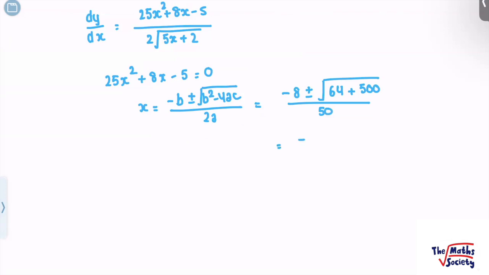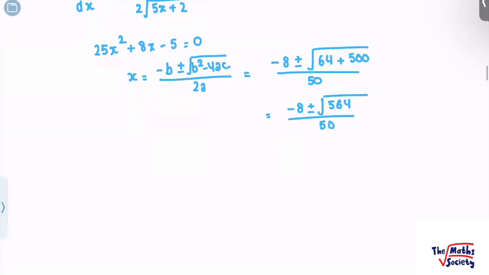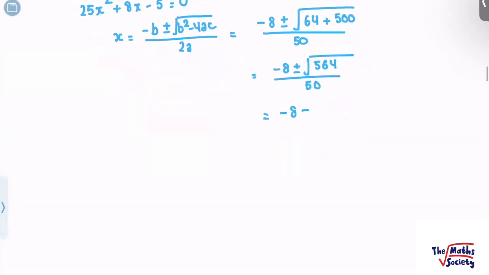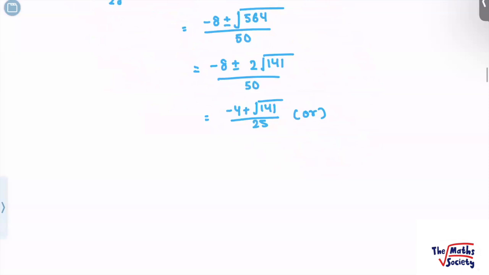So you have minus 8 plus or minus square root of 564 divided by 50. So that's going to be minus 8 plus or minus 2 root 141 by 50. So you divide them, you get minus 4 plus root 141 by 25, or minus 4 minus root 141 by 25.